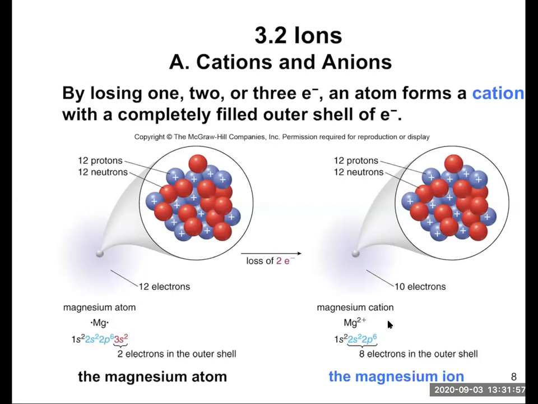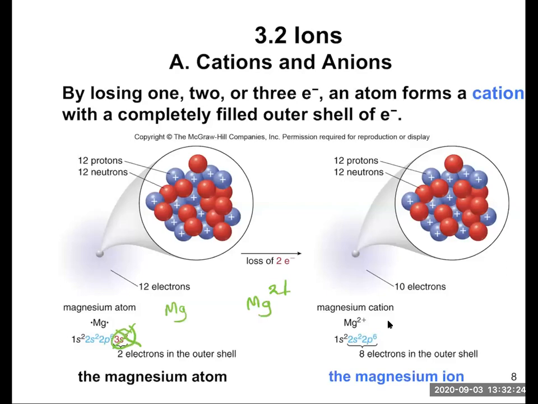Here's another example of a cation. Mg is not a cation, it's just a stable atom. This one is going to give 2 electrons and it's going to become Mg2+. Notice that in the electron configuration, this gets deleted because now it has less.